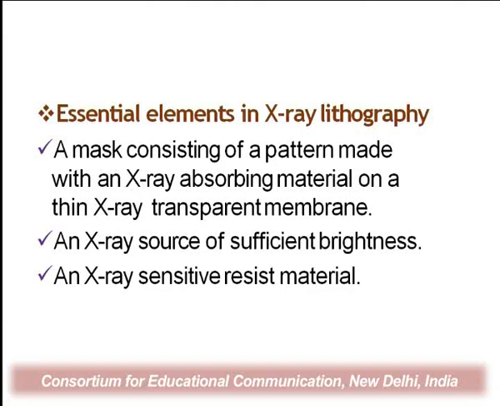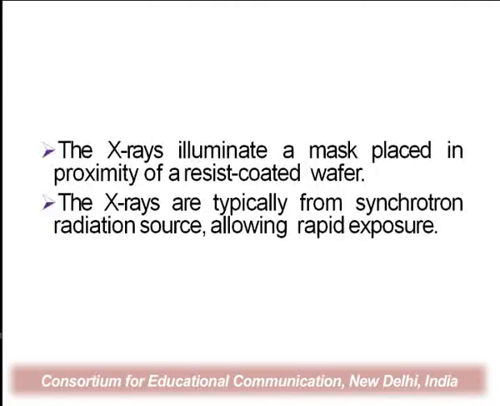We need an X-ray source of sufficient brightness so that we can expose, and an X-ray sensitive resist material, and we develop the pattern. The X-rays illuminate a mask placed in proximity to the resist coated wafer.